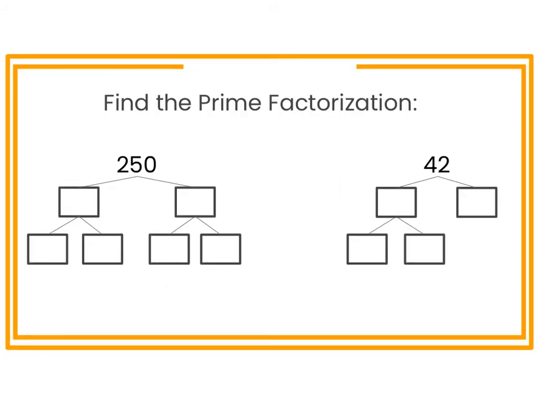Let's look at 4 more examples together. 250 can be broken down into 25 times 10. Both 25 and 10 are composite numbers, so they need to be broken down even further. 25 can be broken down into 5 times 5. 10 can be broken down into 2 times 5.